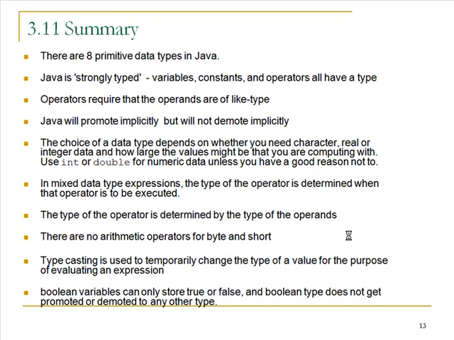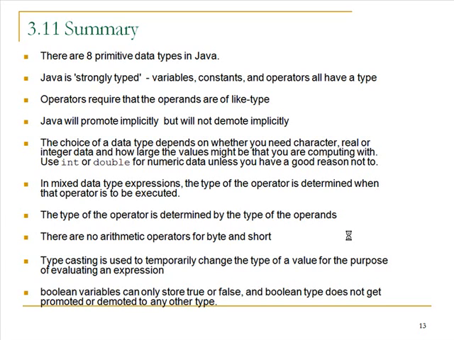For numeric variables in Java, you're expected to use the data types int or double, unless you have a good reason not to. And a good reason really is you have a whole lot of them and you want to save some space by using one of the smaller types. Or if you have integer numbers that won't fit in an int, then you might need to go and use the long data type for your extremely large integer numbers.